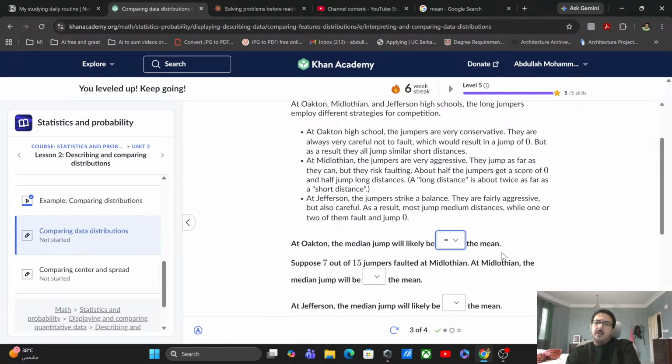And the mean, well, the mean is going to be 3 to the power of 12. Right, 1.